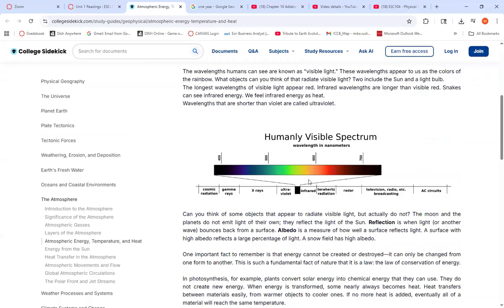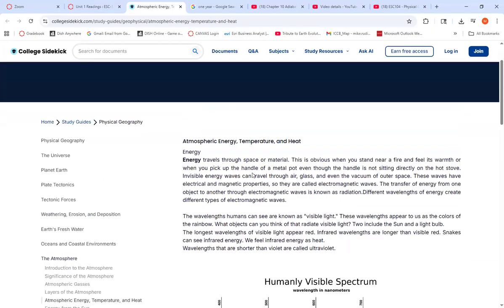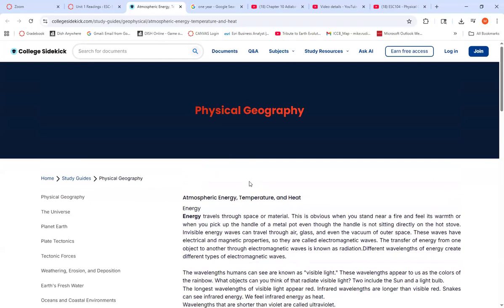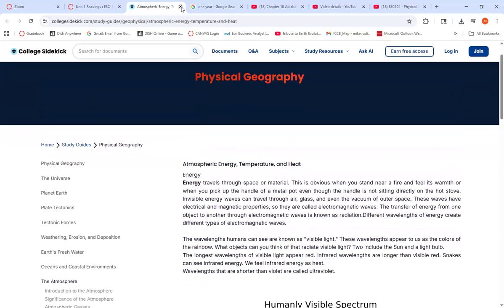If you're cooking food, you're using infrared. Get a sunburn, that would be ultraviolet. In the medical industry, you often use X-rays. These waves on the left tend to be your stronger, shorter waves, and the wavelengths on the right tend to be your weaker ones. I just wanted to give you an overview on that and prep you for the unit.